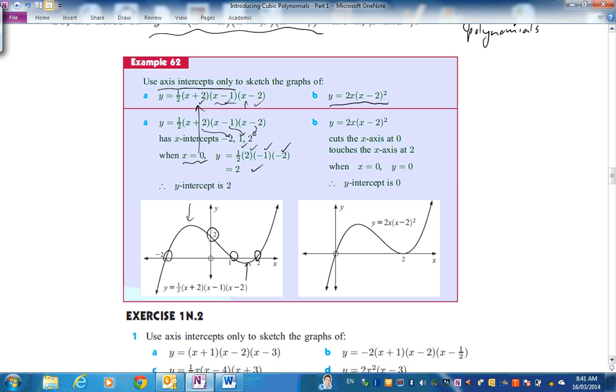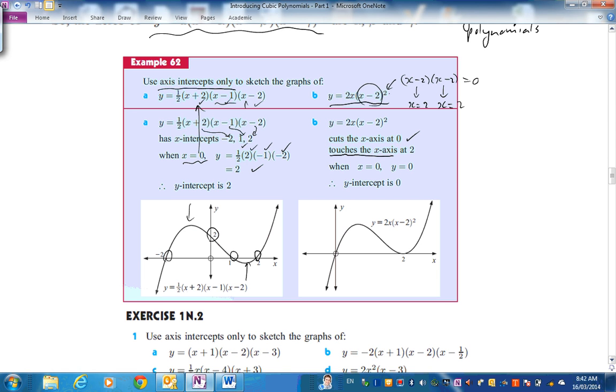Let's look at this one here. Putting x equal to 0, x equals 2 twice here, because you've got two brackets, so x take 2 by x take 2 equals 0. So you can get 2 from each of the brackets. And you might remember from quadratic theory that means it touches the x-axis at 2.